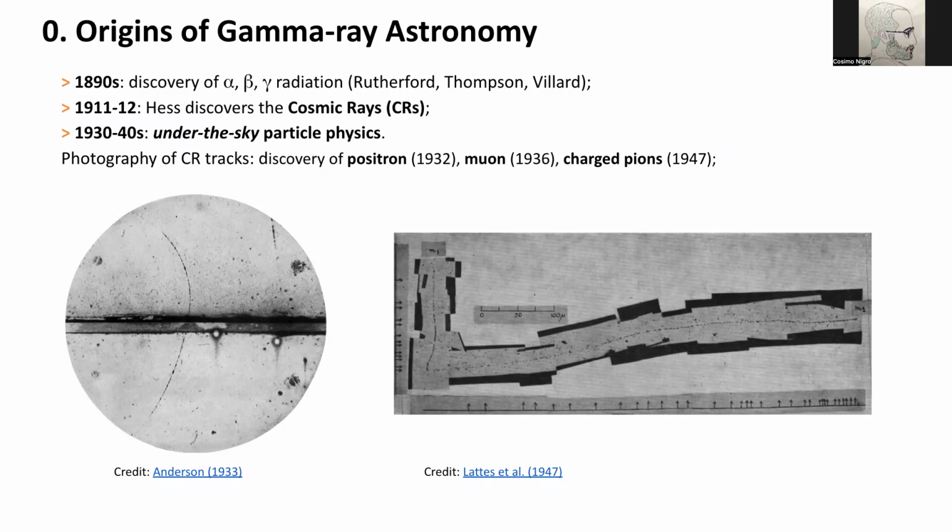So really, the birth of astroparticle physics is also the birth of modern high energy physics, of particle physics as we intend it nowadays, that is searching for new particles, no?